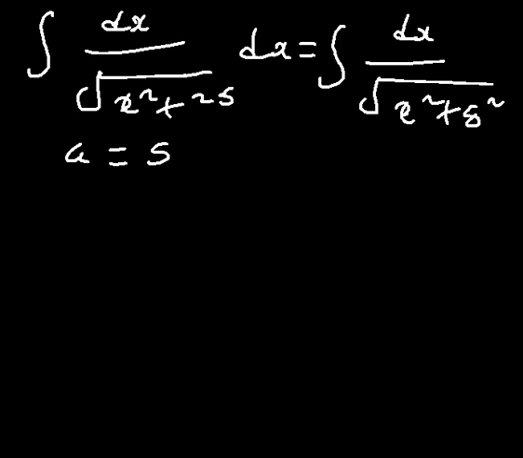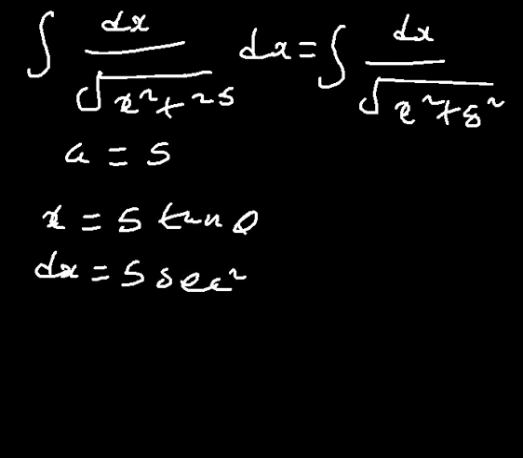So what should be the key to transform from the algebraic expression to the trig? x is equal to 5 tan theta, and therefore what is dx? It is 5 sec square theta d theta, and therefore we substitute that into the original expression.